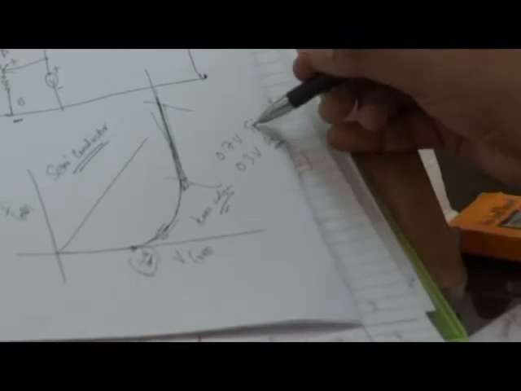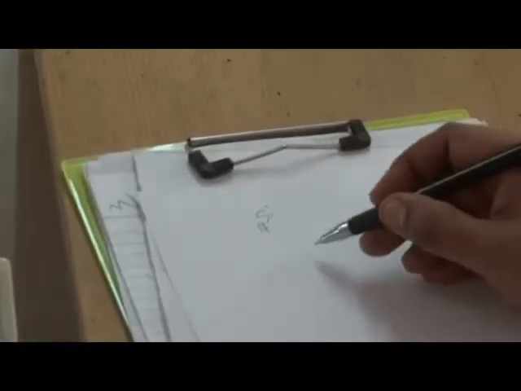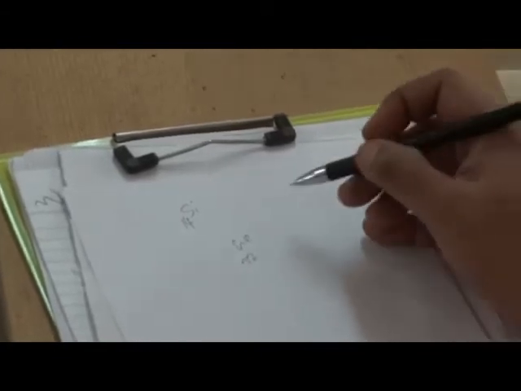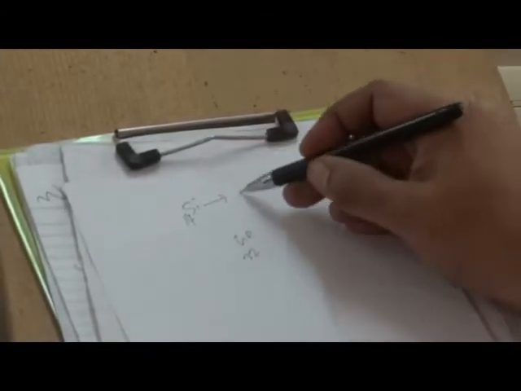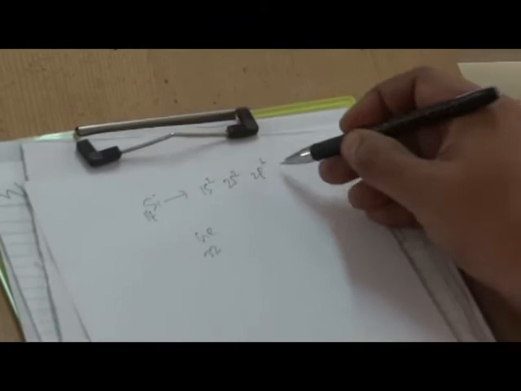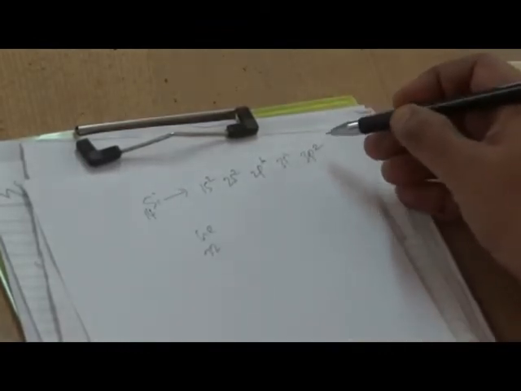There are two components commonly used in the semiconductor industry, silicon and germanium. The specialty of silicon and germanium, you all must be knowing. Silicon's atomic number is 14 and germanium's is 32. If you write the electronic configuration, it is 1s2, 2s2, 2p6, 3s2, 3p2.